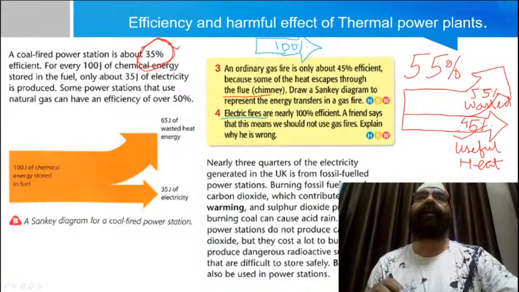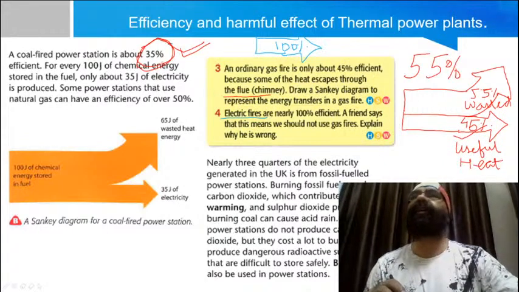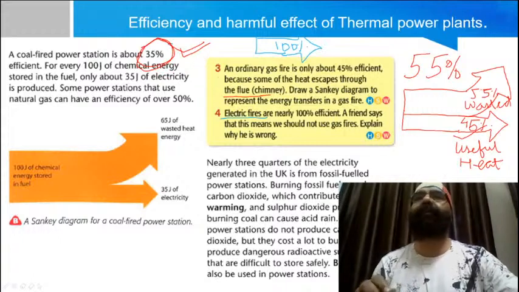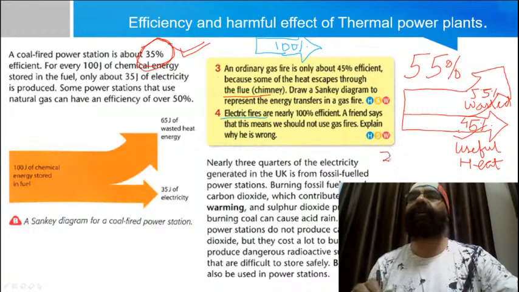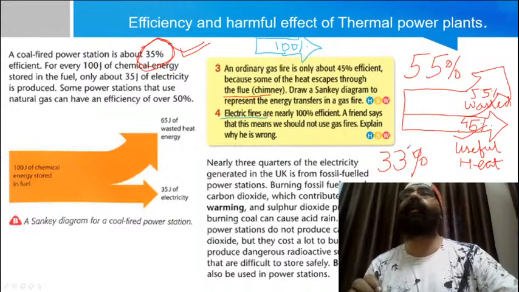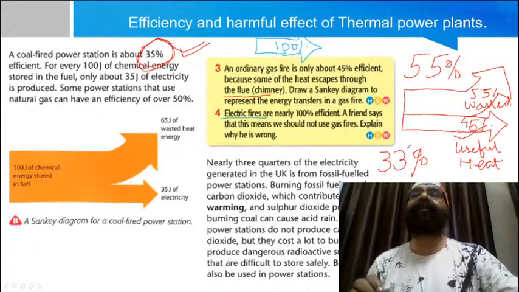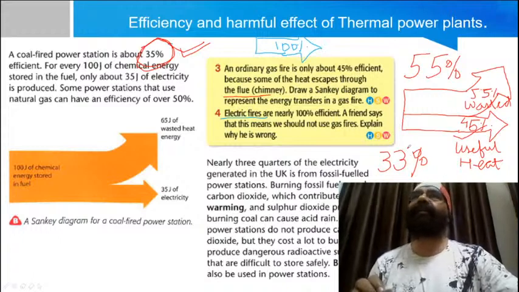Okay, there the coal powered power station is only 35% efficient, and I say another 2%, 3% is lost. So it comes down to 33%. Okay, which means the overall efficiency, if I look into the details from where this was generated, is much lower. Got it? And then the hazards associated with it.